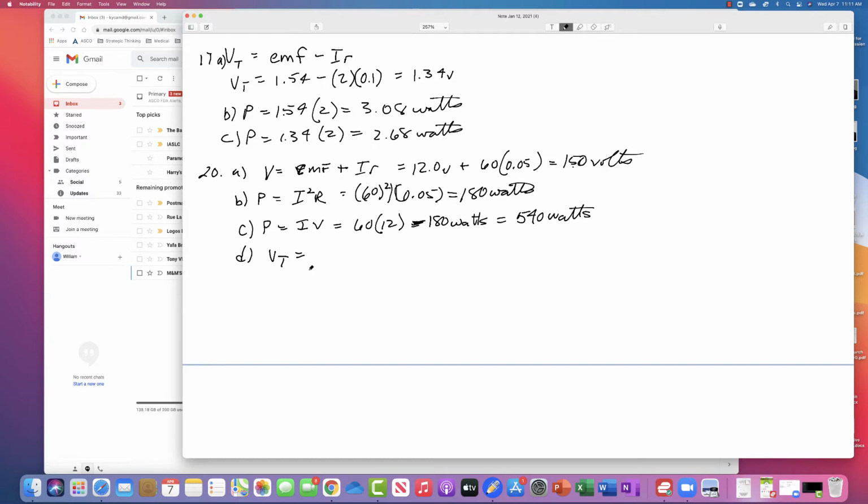Now we're back to minus here. So it's going to be 12 minus 60 times 0.05, or 9 volts, is actually supplied. Okay, the power actually ends up being 60 squared times 0.05, or 180 watts.